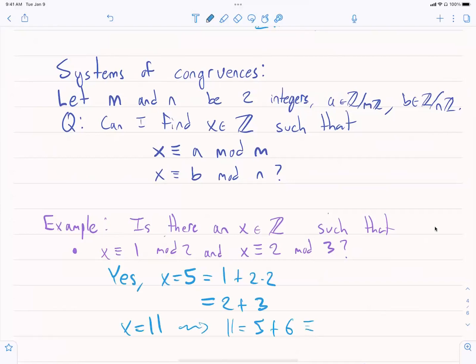So this is going to 5 mod 2 and to 5 mod 3. So adding the 6 didn't change it. And you could add any multiple of 6 and you would still get a solution. So if you want to enumerate all of the solutions, you just find one of them, start with 5, and then add any multiple of 6. That will give you another solution, and that really will give you all of them.